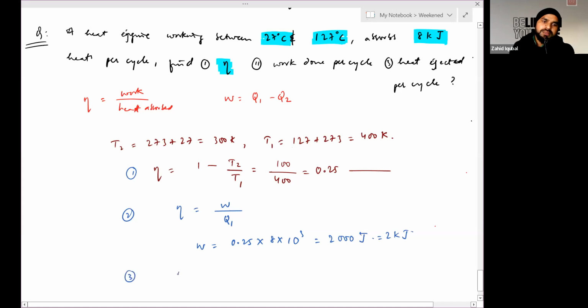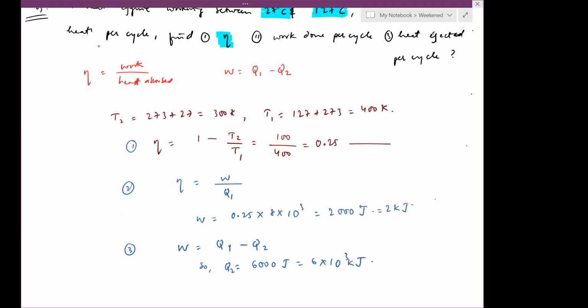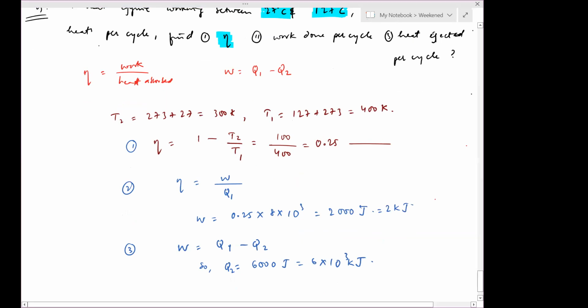And third, work done equals Q1 minus Q2. So work done is 2000 and Q1 is 8000, so Q2 will be 6000 joule or 6 into 10 to the power 3 joule. Mamuna, is it clear? Yes, sir.